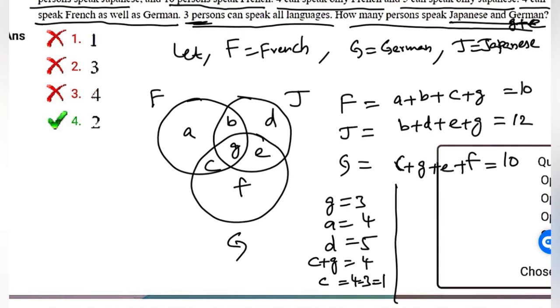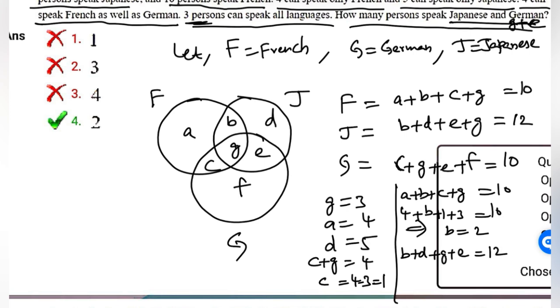Let's substitute these values in F. It means A plus B plus C plus G is 10, which means 4 plus B plus 1 plus 3 is 10. That implies B is equal to 2. And substitute B value in the other equation, which is B plus D plus G plus E is 12.